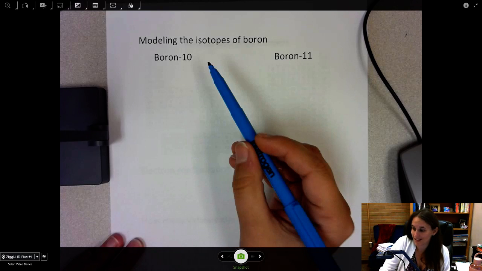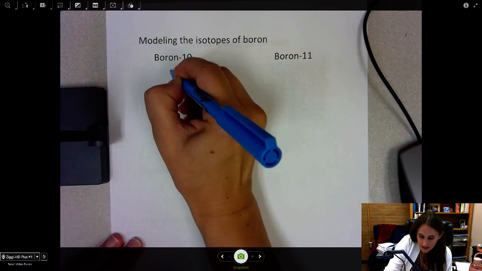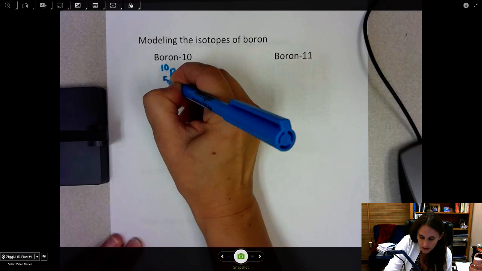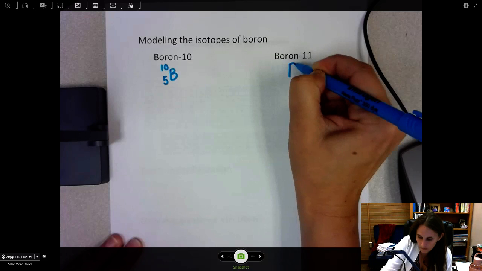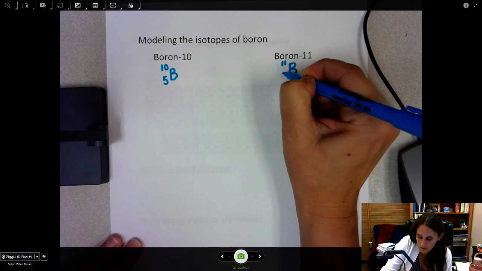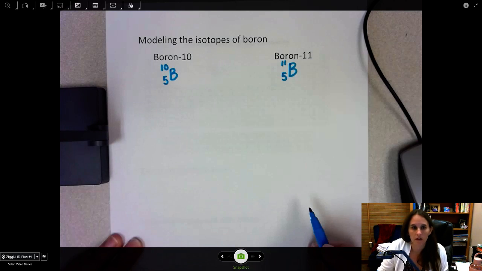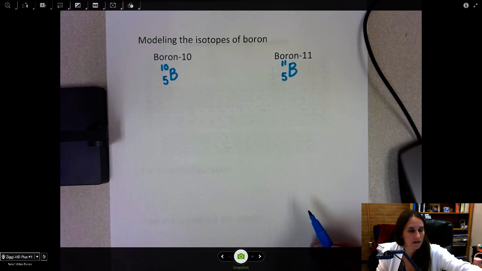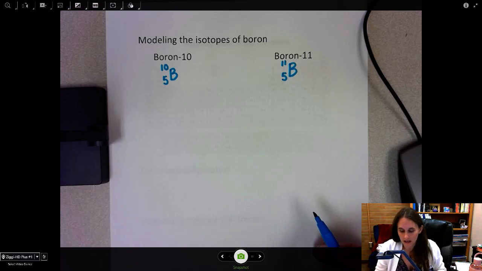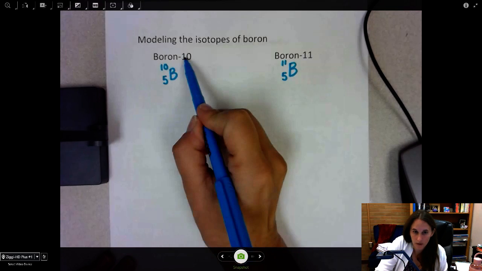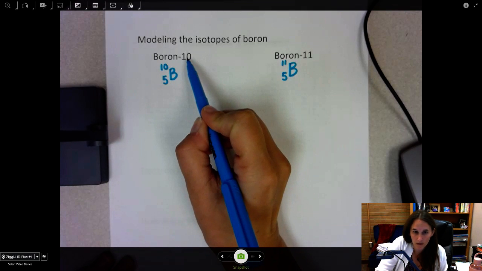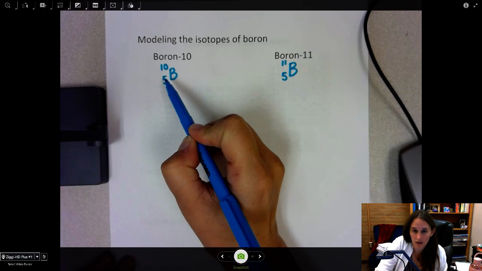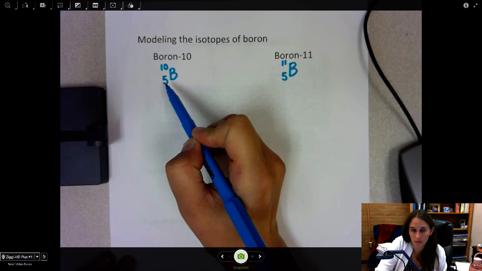Another way that we could express these exact same elements is this way, which is something you've seen in the book, which also further emphasizes that they are the same element. Here we have the mass number, or the atomic mass for this particular particle, listed above, and then the atomic number, which we would get on the periodic table, below.